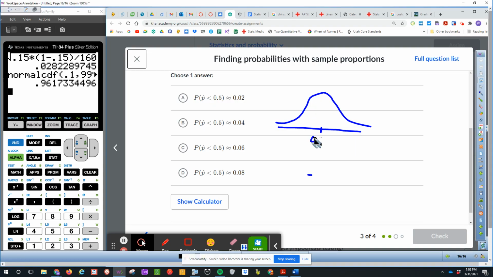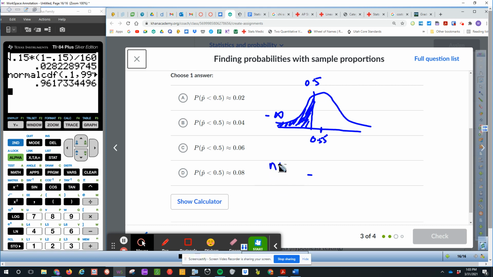So I should be putting my 0.55 here. That is the mean right here. And 0.55 should be about here, right? And 0.5, as the direction indicates, is less than. So this is negative infinity. So my negative infinity will be my lower bound, and my 0.5 will be my upper bound.